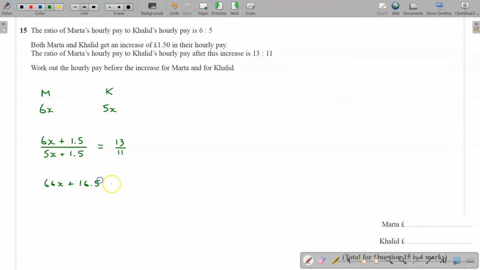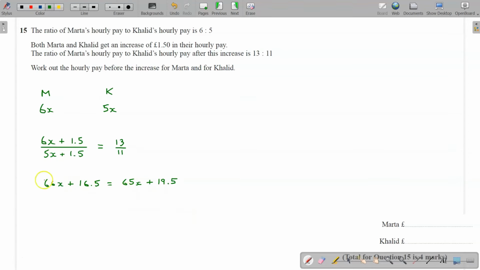And that is equal to 5 13s are 65, so it's 65x plus 19.5, just multiplying 1.5 by 13.